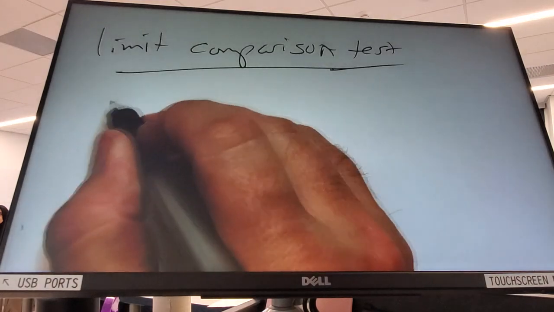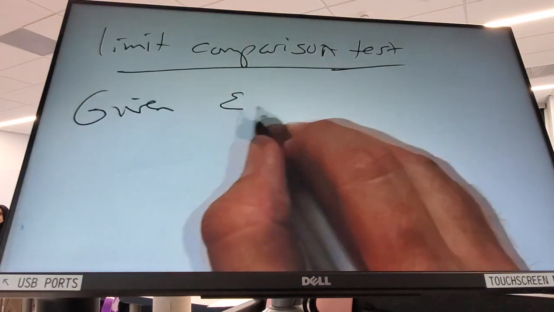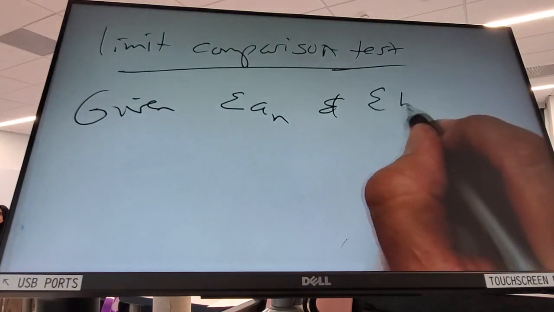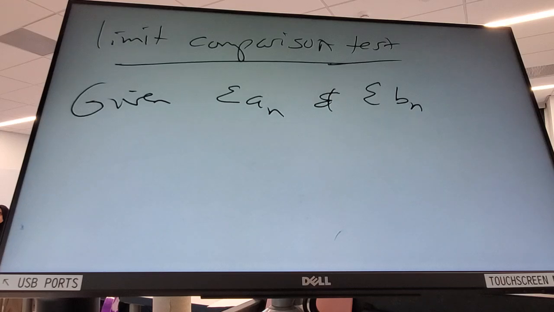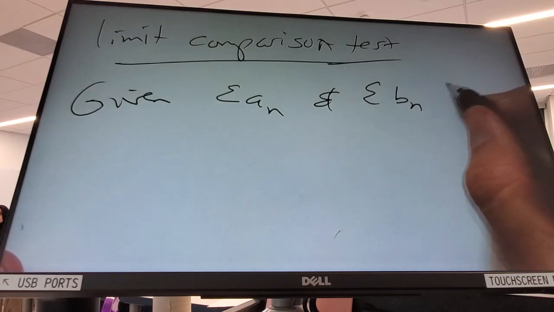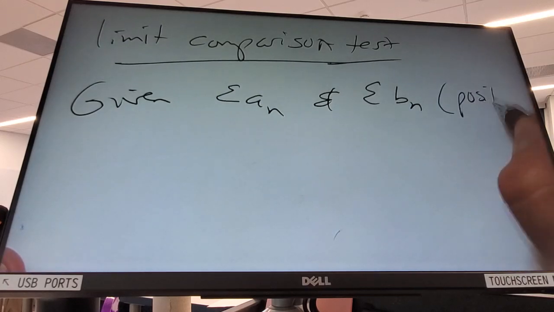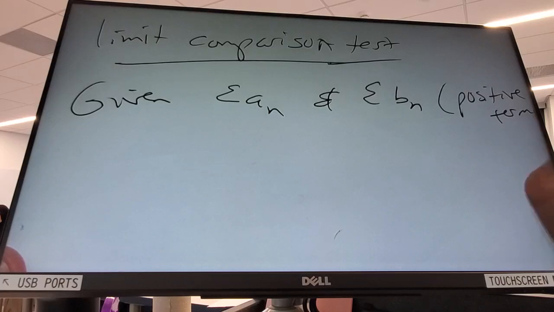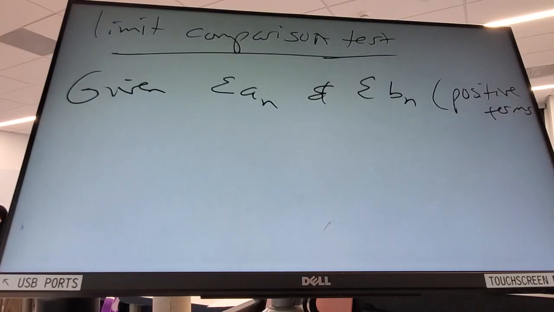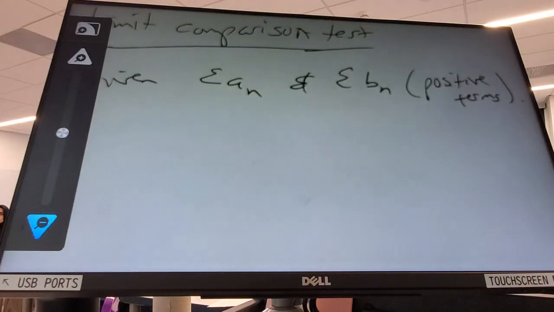So if I'm given two series, and one little thing we'll notice about most of these is I'm assuming they're positive terms. They must be positive term series.